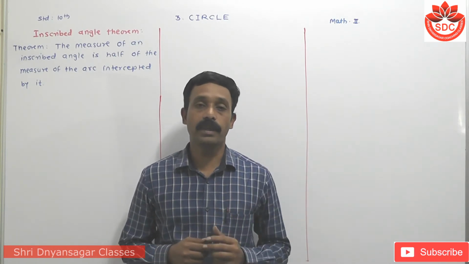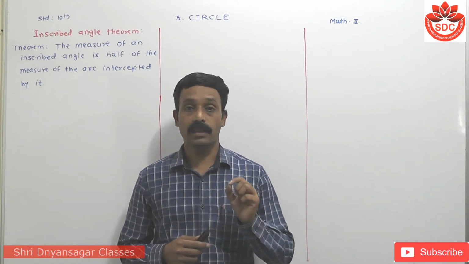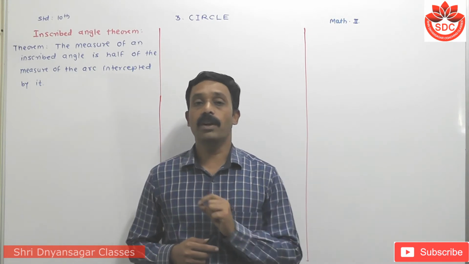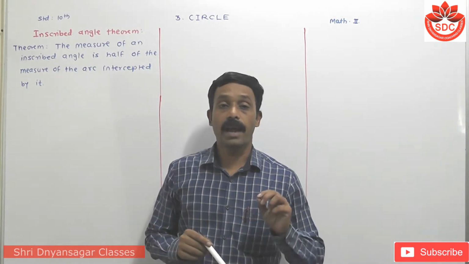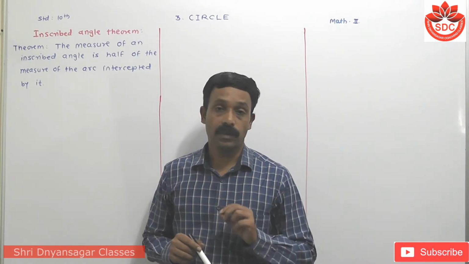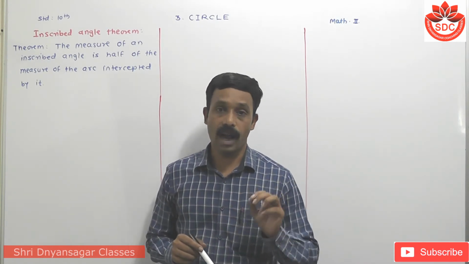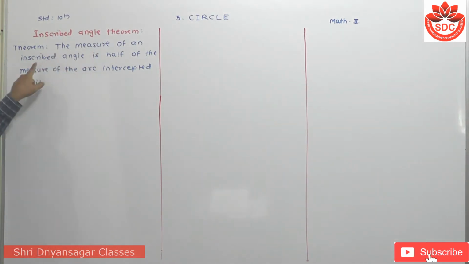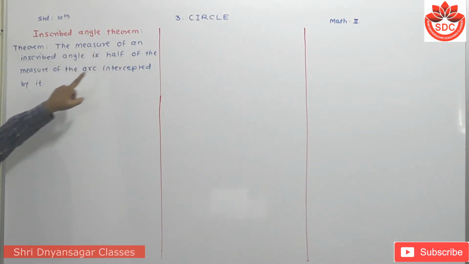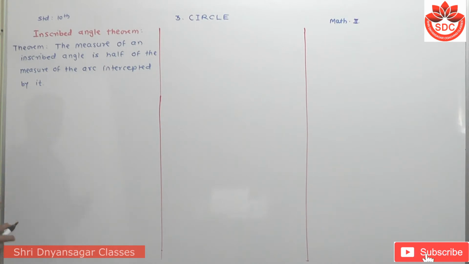The statement of the theorem is: the measure of an inscribed angle is equal to half of its intersected arc. I repeat it. The measure of an inscribed angle is half of the measure of the arc intersected by it. For this, I have to take its proof.